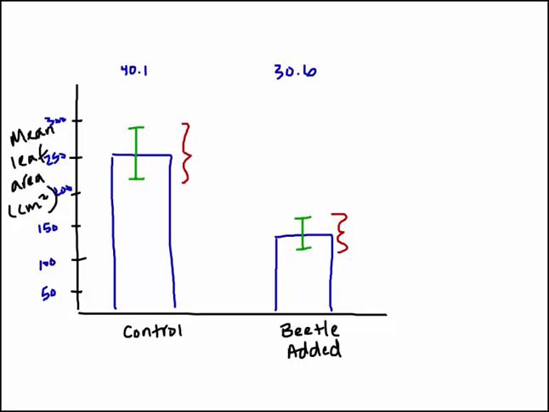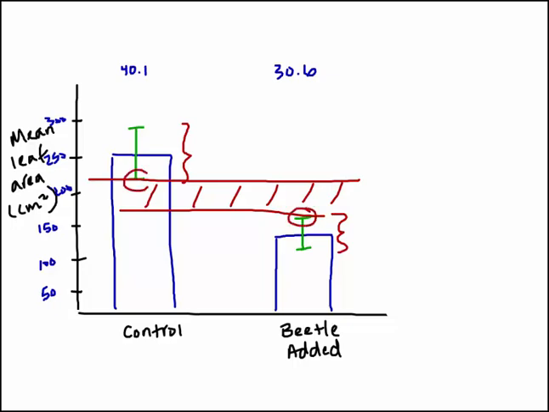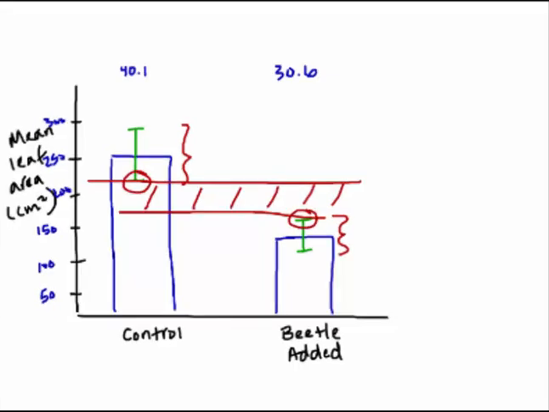And since these error bars, like I said, do not overlap with each other, there's this area here where there's definitely a difference between the top of this mean and the bottom of this mean. We can say that these two means may be truly statistically different from each other.